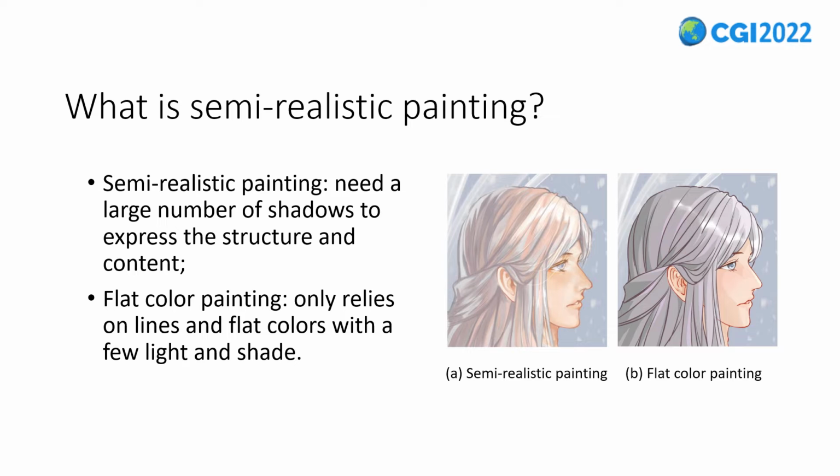As the picture shown in the slide, picture A is a semi-realistic painting, while picture B is just a flat color painting. Flat color paintings only rely on lines and flat colors, which have little light and shade.